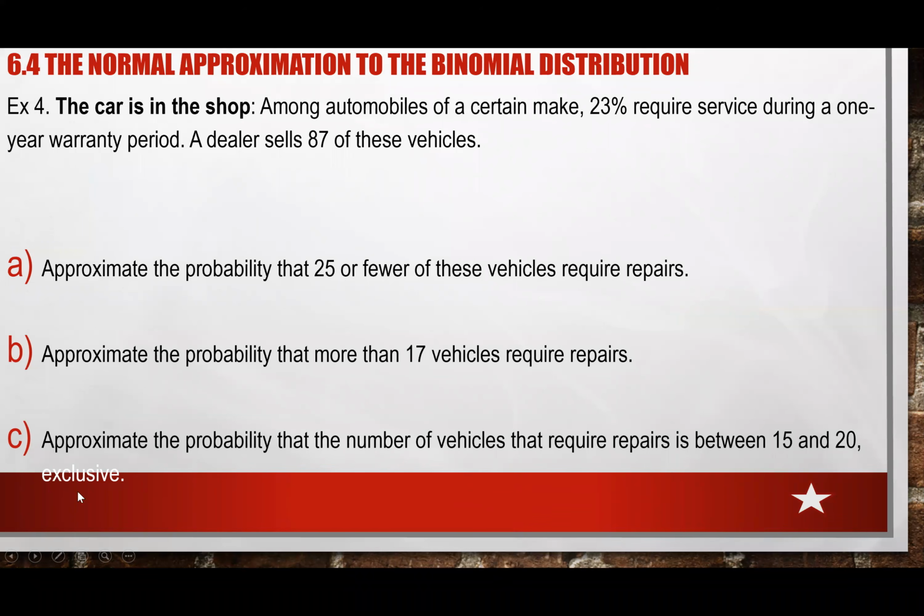Between 15 and 20 exclusive, right? So it's very similar to example 2. The only thing different is the N here is 80, the N here is 87, and the P here is 2023, right? So again, see if you can do this problem, and we will pick up on this problem on Thursday.